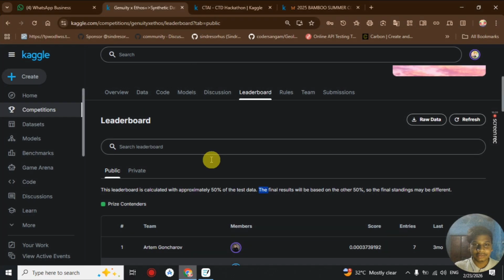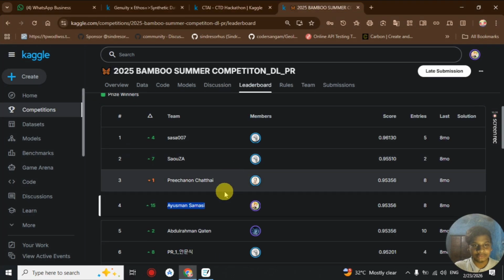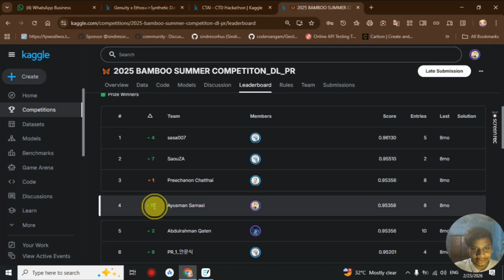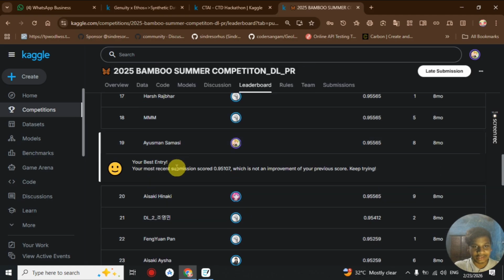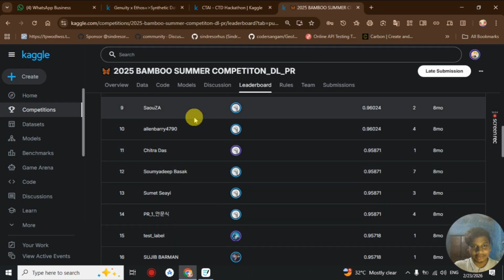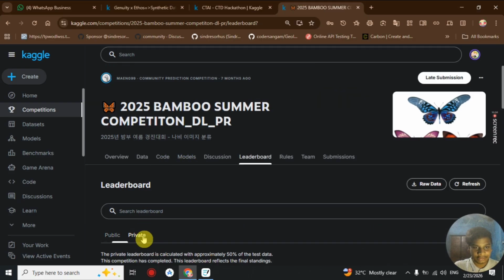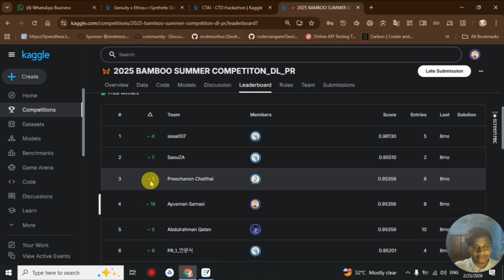If you look at my Bamboo contest competition, you see that my rank jumped by plus 15. Here this is my name. In the public dataset, my name was around 19th rank. But after the private dataset was released, you could see my actual rank went to 4th.